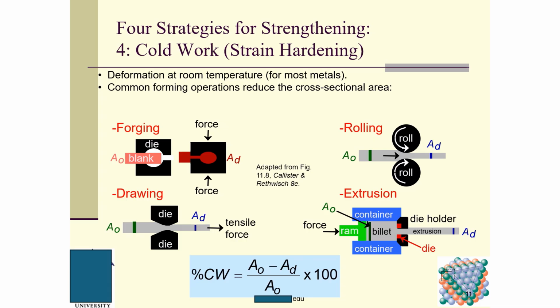Both the container and the die are very hard. You can imagine if we push the force on this ram, the billet comes out in the form of a very small cross-sectional area. So once again, we can use this equation to quantify the percentage of cold work, or the percentage of strain hardening.